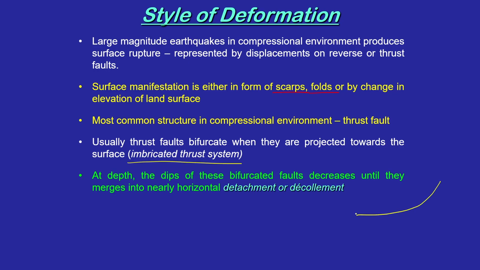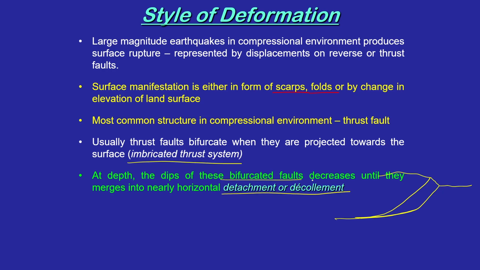So, you have deformation which is going on along this, and then you have the decrease in the depth until they merge. For example, you have one fault here and then another fault is coming like this. This merging of the faults at depth, we term as a décollement or detachment.